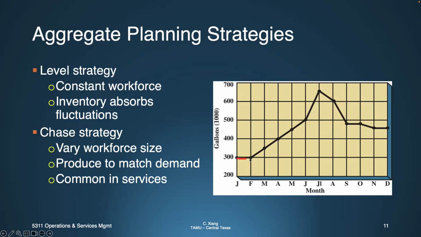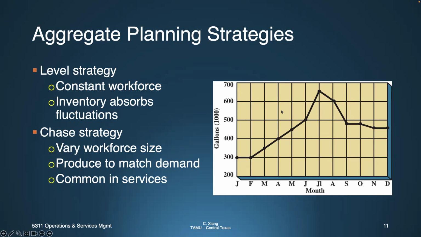Okay, so if this is the demand you have to meet, let's first consider the so-called level strategy. In this approach, we keep the workforce and production rate stable over time, typically set at the average demand level. This creates a smooth and consistent production environment with stable jobs and no need for frequent hiring or layoffs. However, the trade-off is that we must use inventory to absorb demand fluctuation.